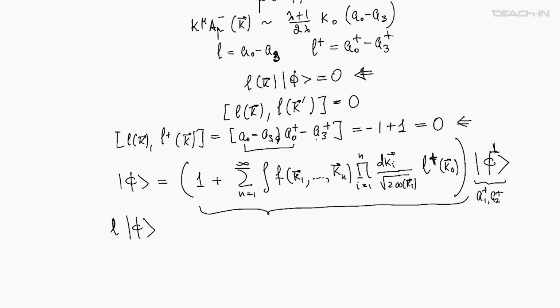But L commutes, of course, with A1 dagger, A2 dagger, it comes to the vacuum and annihilates it. So these states represent a general solution of this condition.